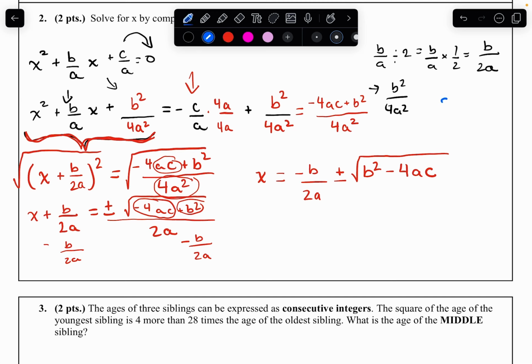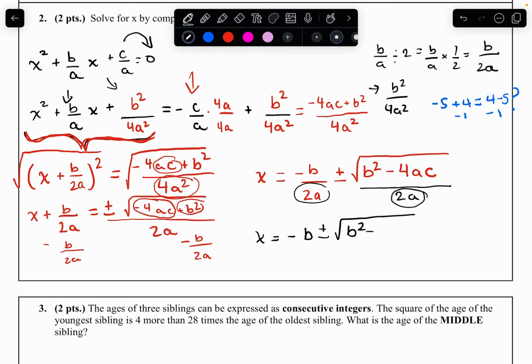Think about it. Is negative 5 plus 4 the same thing as 4 minus 5? And yes, they both equal negative 1. So we are allowed to change the order of the terms. Okay, the denominator is still 2a. Do you notice they have the same denominator? Perfect. That means that we can write everything as a single fraction. So we have negative b plus or minus the square root of b squared minus 4ac over 2a.